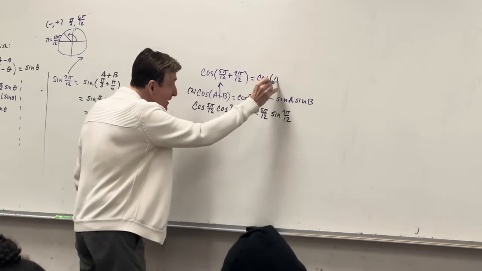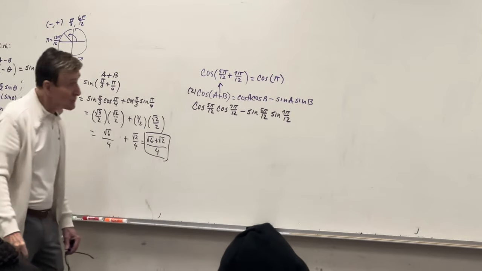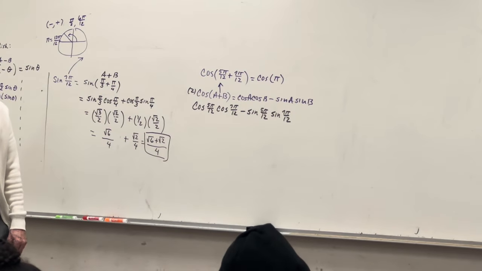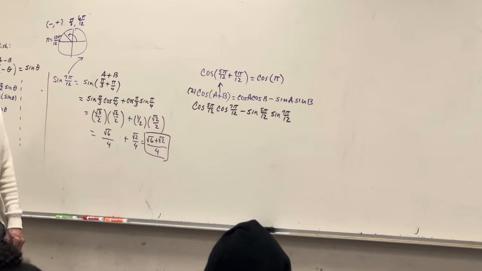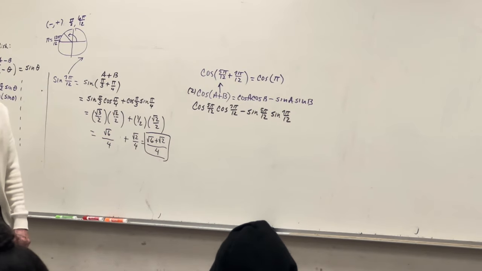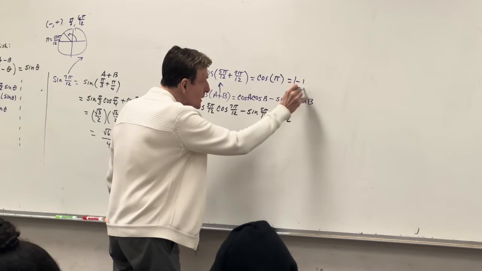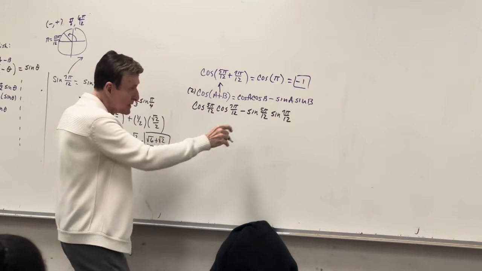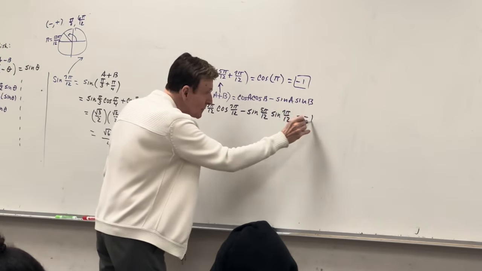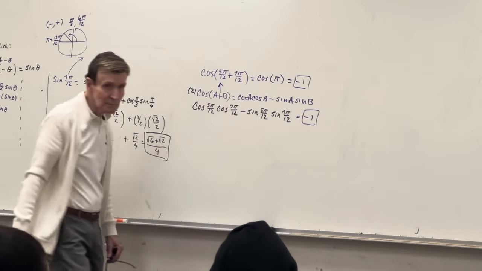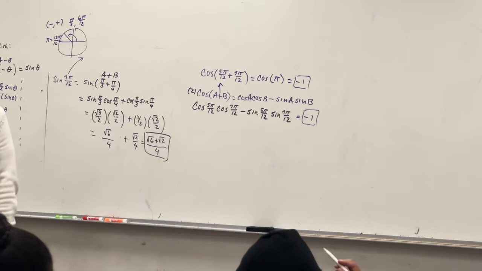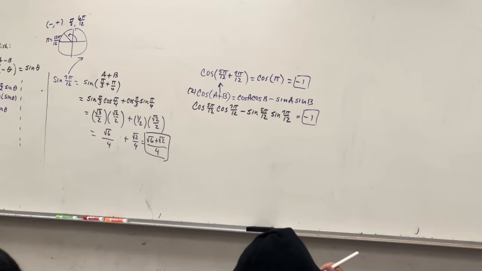Is it pi here, cosine? 12 pi over 12? Now, please tell me that takes me right back to the unit circle. What's the cosine, the x coordinate at pi? -1. You say, Professor, really? Are you telling me all that in the black is equal to this? That's what I'm telling you. All that's equal to a -1.